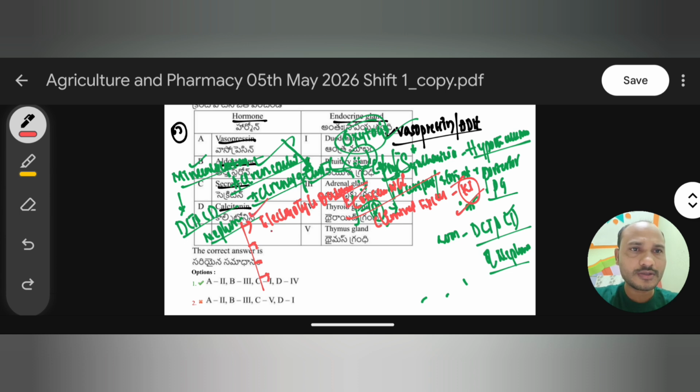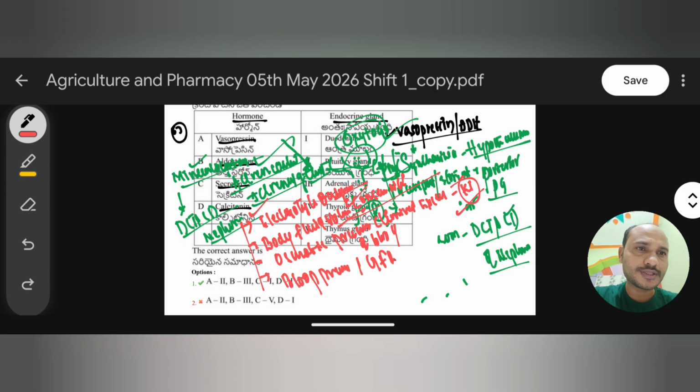Not only electrolyte balance, it also helps maintain body fluid volume, the osmotic pressure of blood, and very importantly the blood pressure, BP, and GFR, glomerular filtration rate. So these are the various functions of aldosterone.